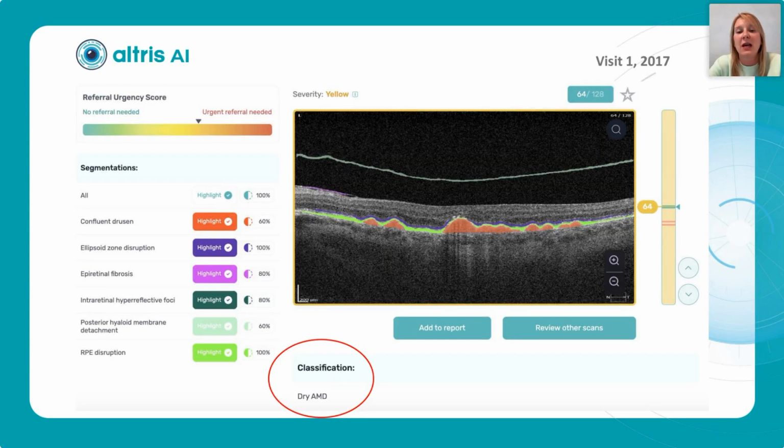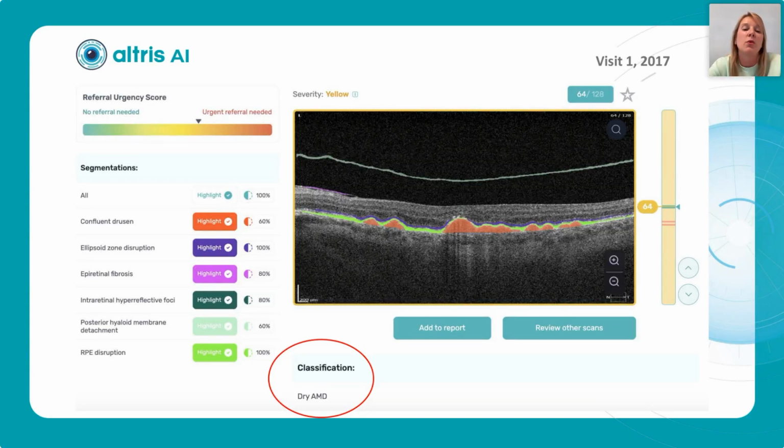I need to mention that each scan of the examination, here the total number of scans is 128, is analyzed by itself. So this is not a general picture, because from one scan to another we can see a different number and mix of biomarkers. Here we see scan number 64, in the center, with the presence of different biomarkers.